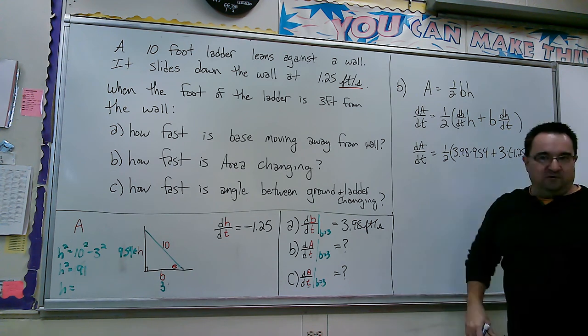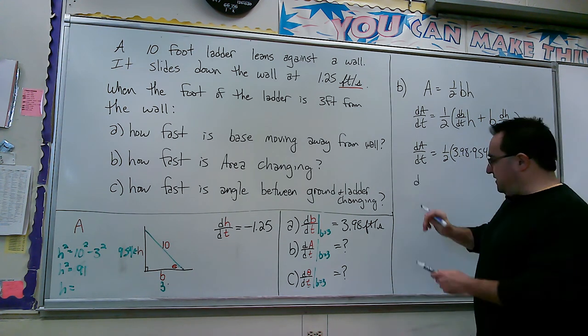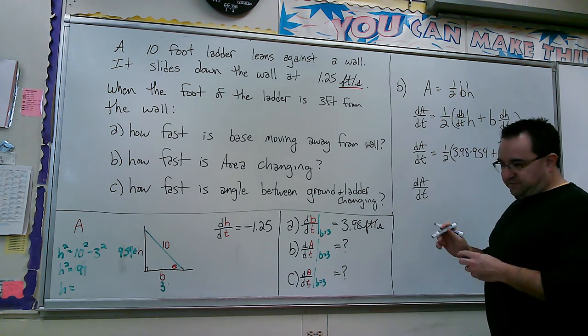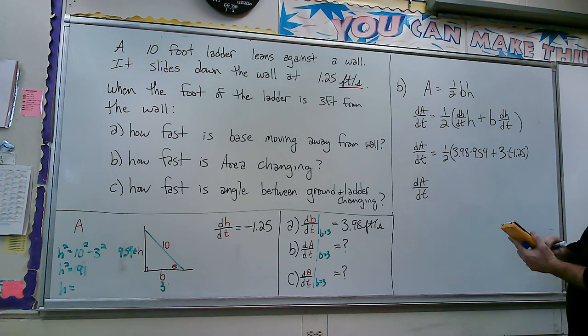So that looked like a big old mess, but look at it. These are all knowns. All I've got to do is punch in the numbers, and I've got my answer. See, the thinking through it is the hard part. The math in this one was very easy. 3.98 minus 3 times 1.25. I'm going to divide that by 2.